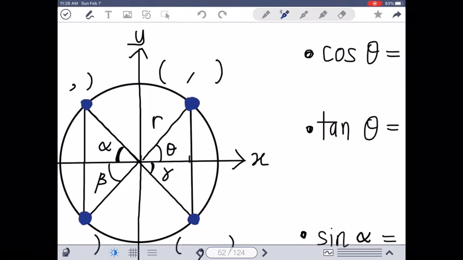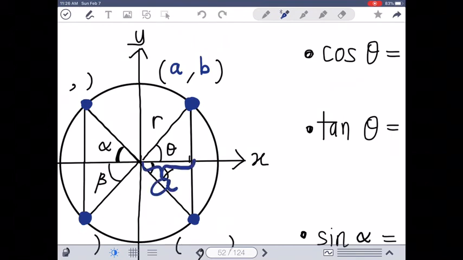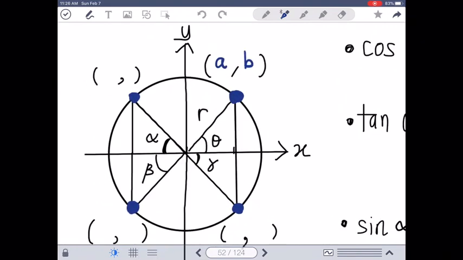Suppose that the coordinate of the first point is A and B, which means that this is A and the height is B. And it is obvious that if this is A, here would be negative A, because we have that as origin, and the height is still B.